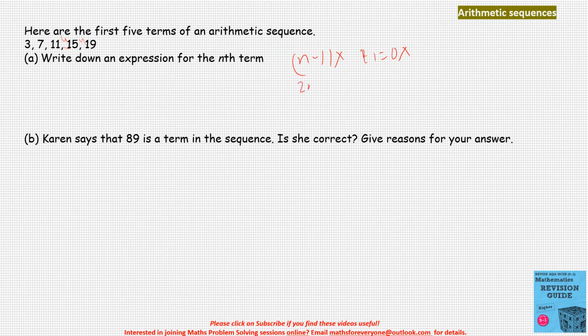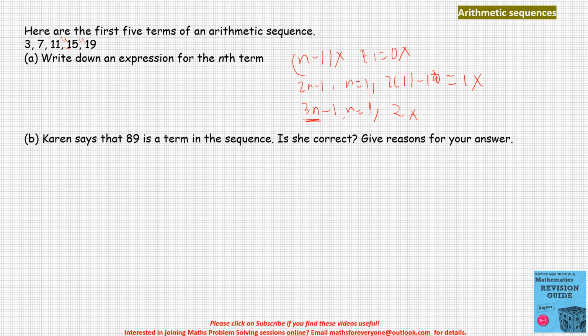If we do 2n minus 1, what do I get? If n equals 1, then 2 times 1 minus 1, that is 2 minus 1 is 1. So that's not right at all. If I do 3n minus 1, and n is 1, I get 3 times 1 minus 1 is 2. So that's not right.